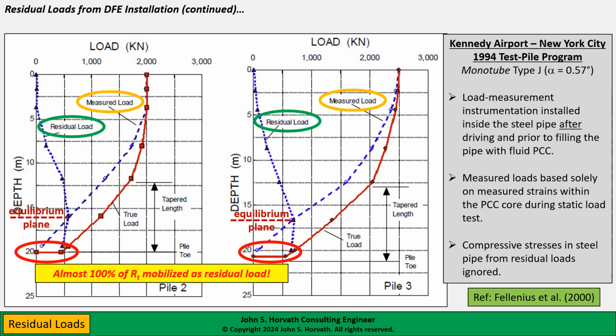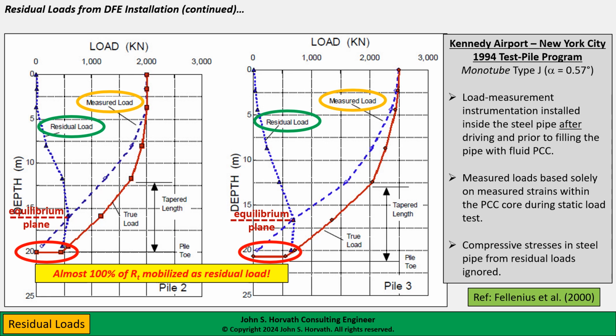Well, the reason for that is that almost 100% of the toe load was mobilized for these two piles as residual load. Now, note that these monotube piles have a toe diameter of 8 inches, so about 200 millimeter diameter. So essentially, just about all of the toe resistance was fully mobilized as residual load, and that's why the equilibrium planes are so low.